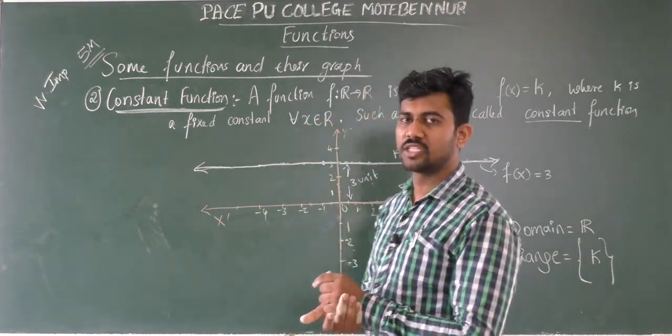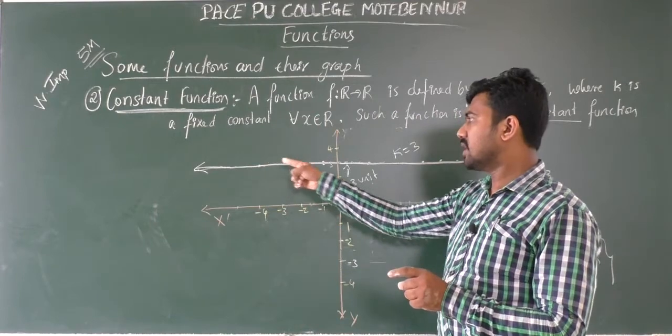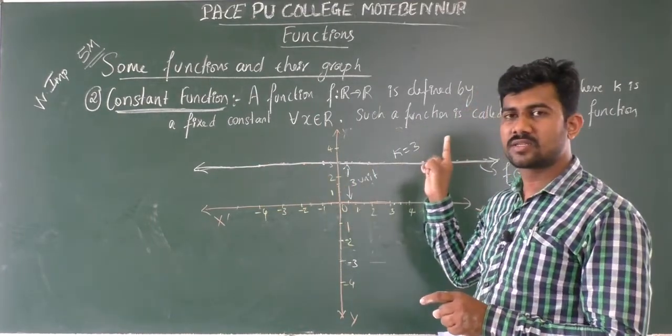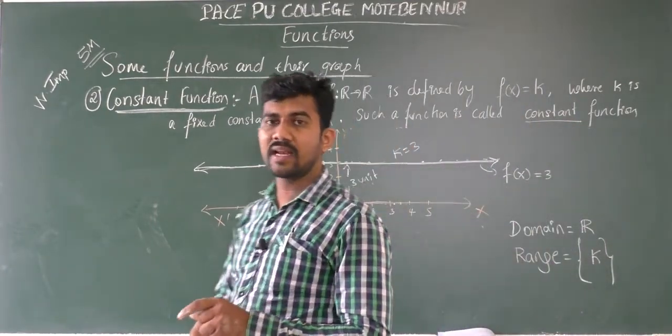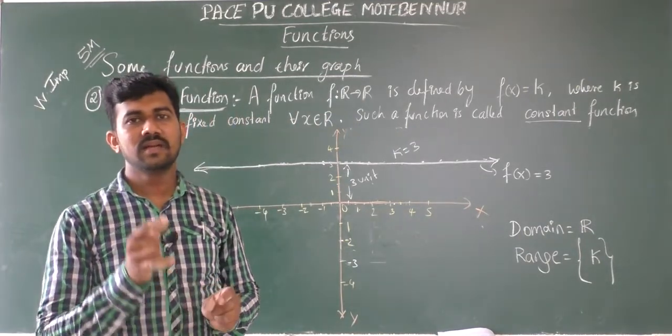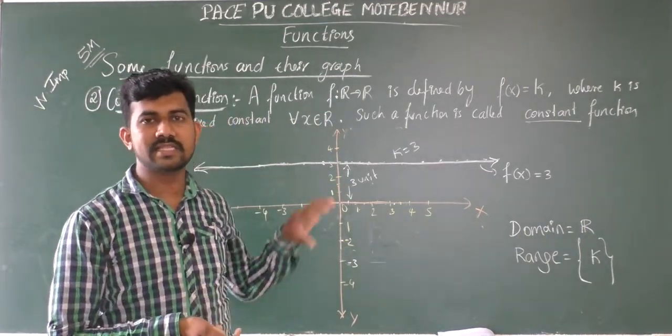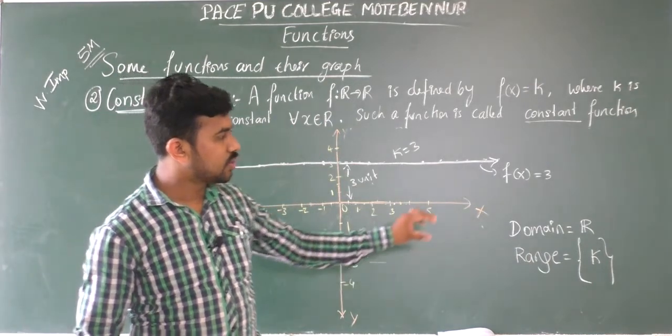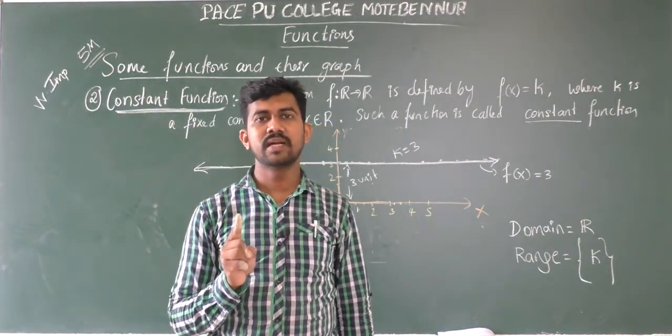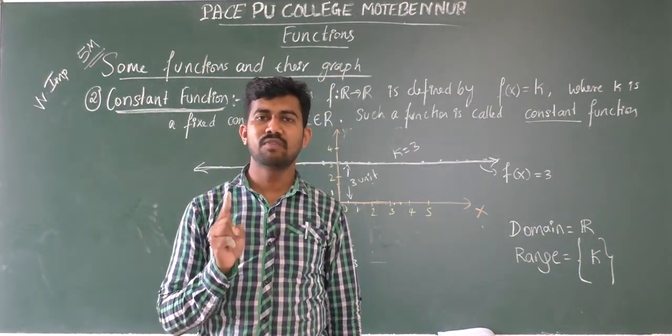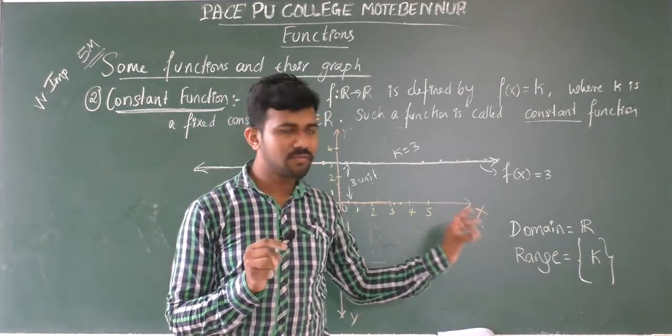In the constant function, we will get a graph such that the line is parallel to x-axis with a distance of k units from x-axis. Okay, and the domain of the function is the real numbers. Range is nothing but the set of all image elements, that is the set of all k.